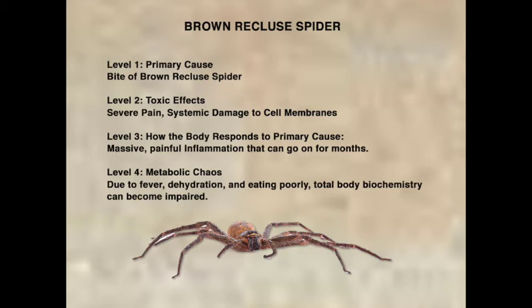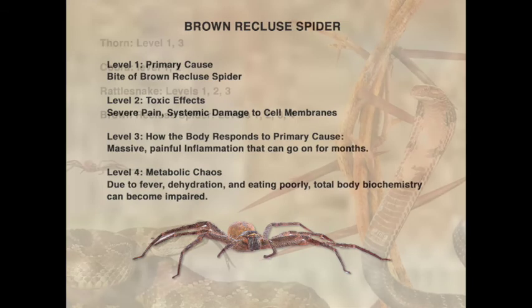When you're running a fever of up to 104 degrees for many months, you're eating poorly and getting dehydrated, total body biochemistry can become impaired. I should mention that while the brown recluse spider has a bad reputation, their bite kills fewer than 5 people per year in America.